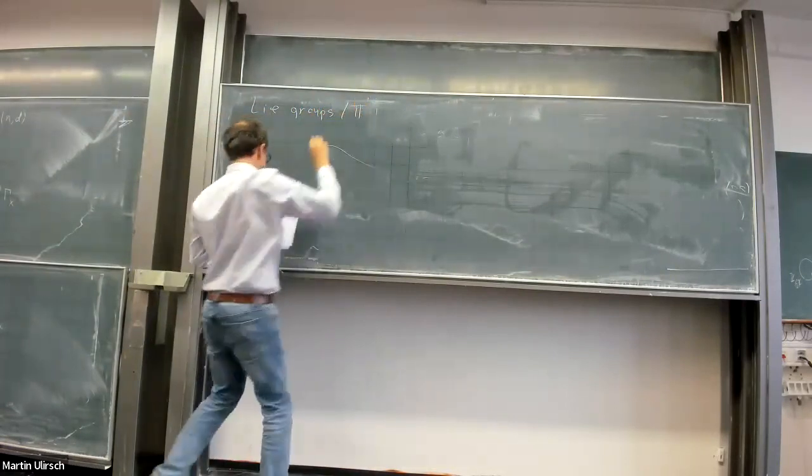Over the tropical numbers. Before you continue, there's a question in the chat. Do you have concepts of sections of vector bundle or something such as Riemann-Roch or anything? So the answer is you can construct a total space of your vector bundle just by gluing together copies of T to the N along the transition maps. You can look at sections of that.